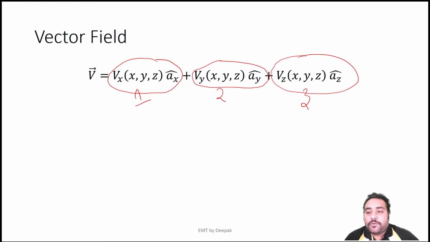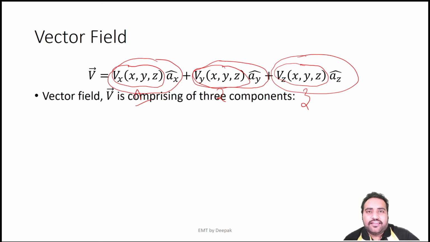This vector field formed with help of a scalar field. Scalar field 1, scalar field 2, and scalar field 3. I hope you get where I am going. If you have seen the gradient of the scalar field, I think you know where I will be going.